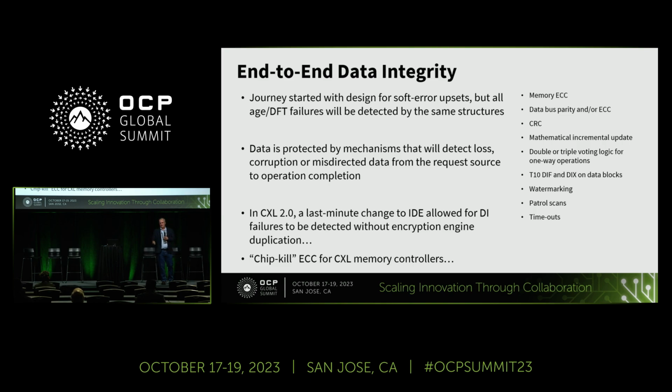If you have a soft error event, or any DI event, within your encryption engine for IDE, you will detect it as a man-in-the-middle type attack. PCIe didn't do it; we did it for CXL. We saved a whole bunch of power because we didn't have to duplicate the engines. That was between my team, Intel and HPE back in 2.0.